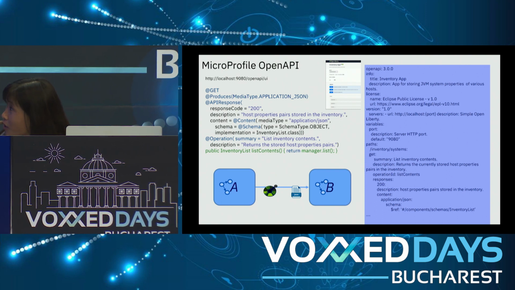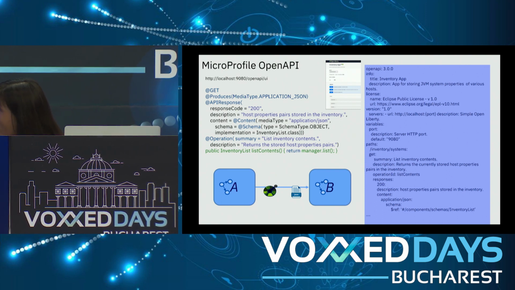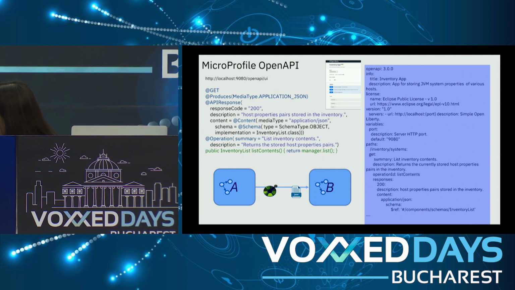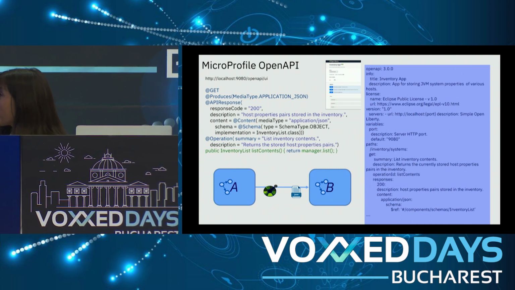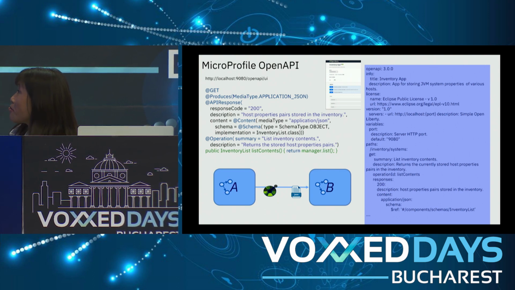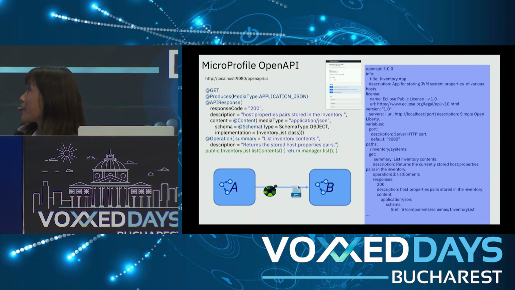So in this example, I can add the OpenAPI annotations here. Then when I start my microservice and go to the endpoint /openapi, you will get this display here.